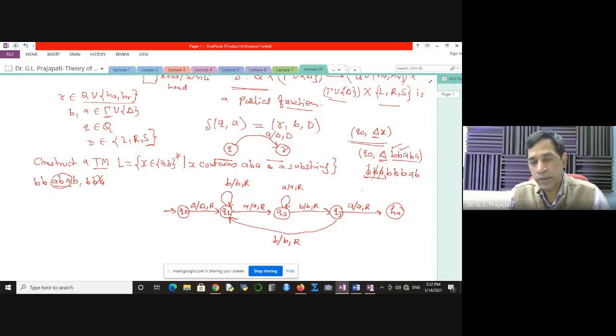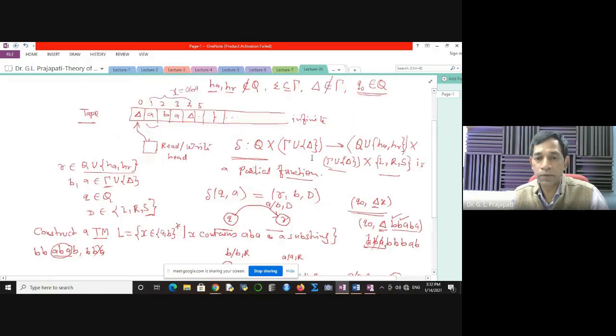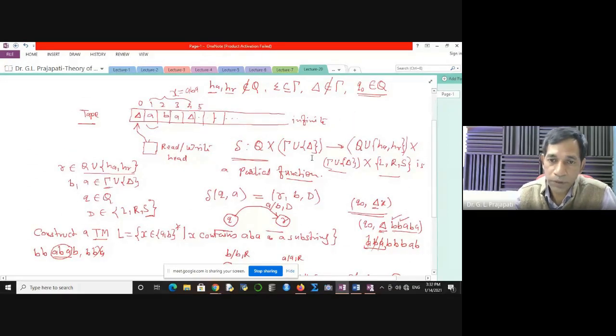And once it decides explicitly, it goes to the accepting state, the halt state, and your machine halts. You know that once your machine halts, further moves are not possible because transitions are not defined for the HA and HR. You are defining the transitions only for the states in the set Q. You know that Q does not contain the states HA and HR.